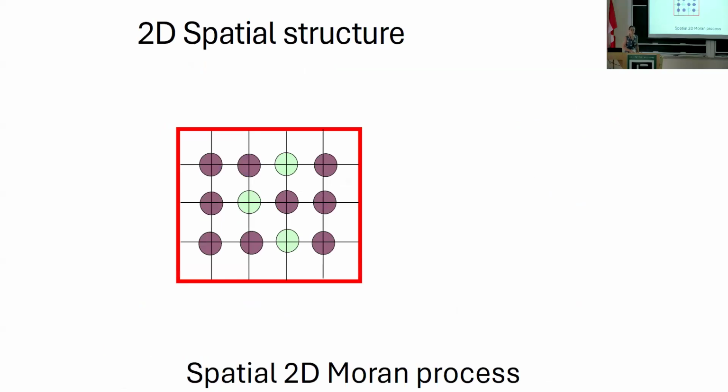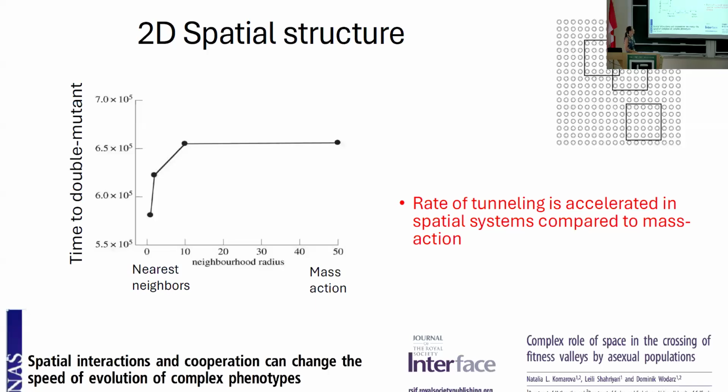How about 2D? Right, so 1D cancer has limited applicability. 2D, 3D is more realistic, but basically the same thing is observed in spatial 2D and 3D models. And in fact, what you could do is look at various sizes of the neighborhood. As I said, in space, evolution happens locally.